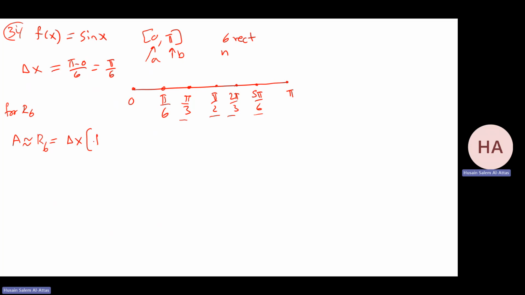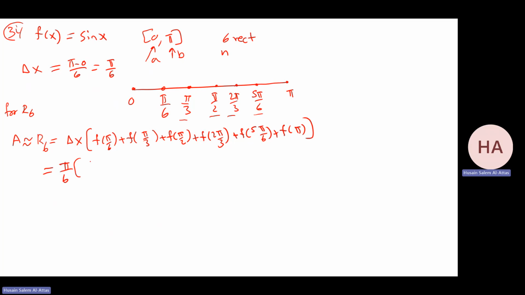Right endpoints: f of pi over 6 plus f of pi over 3 plus f of pi over 2 plus f of 2 pi over 3 plus f of 5 pi over 6 plus f of pi. That will be what? Pi over 6. Yeah, you can do the calculation now.